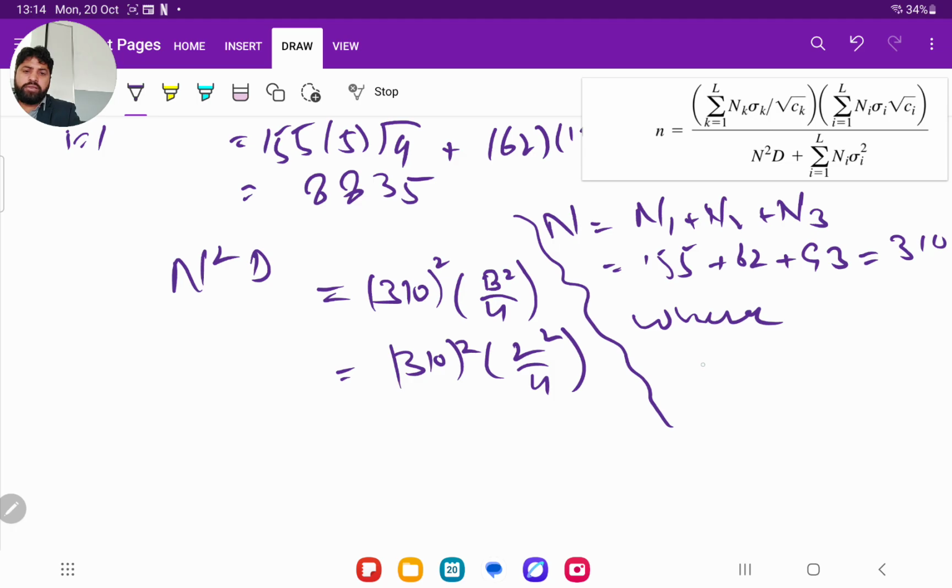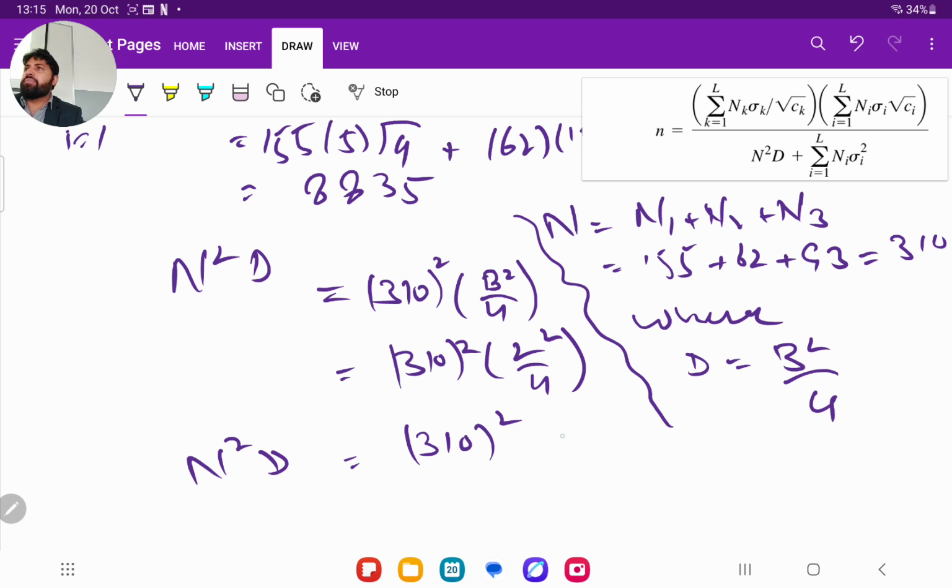Where d is equal to b square over 4. So 310 square is remaining because 4 cancelled by 4. So you are remaining with 310 square.